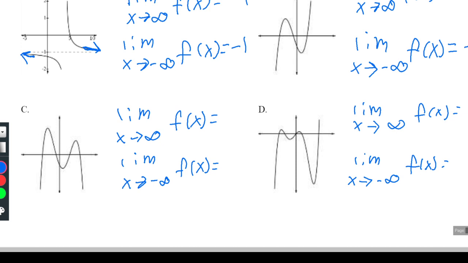Alrighty, so for C, when x gets really, really big, the function goes towards, anybody? -infinity, correct. And when x gets really, really small, or really far to the left, the function looks like it's going towards -infinity as well.